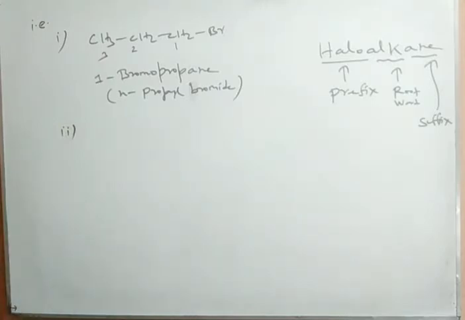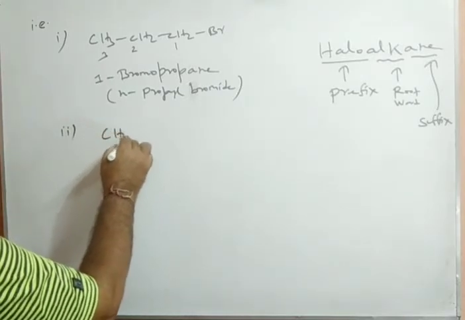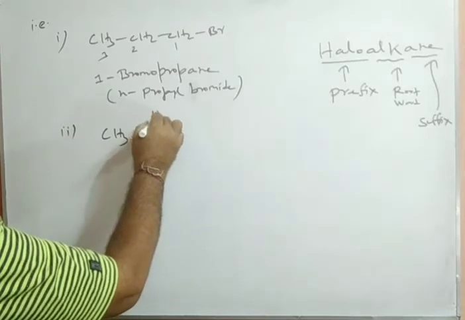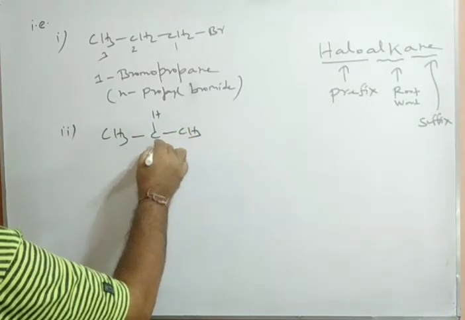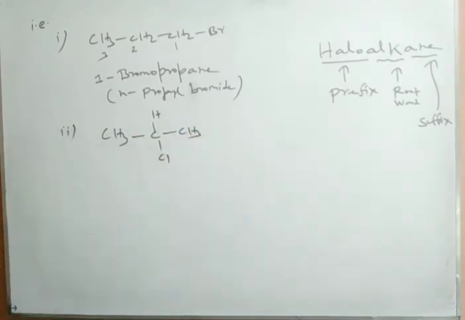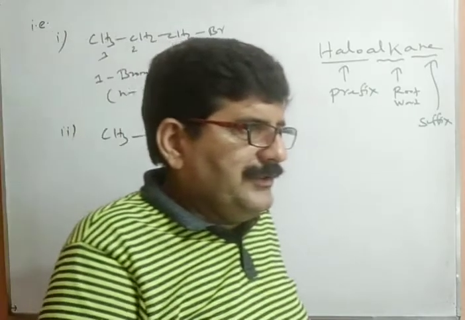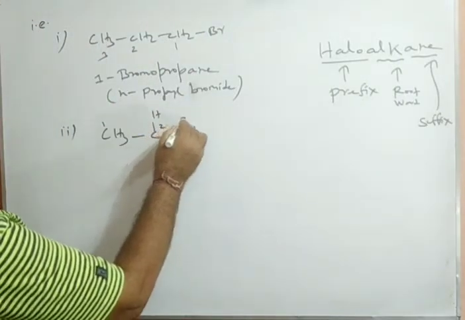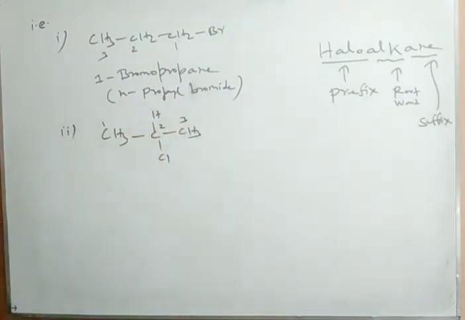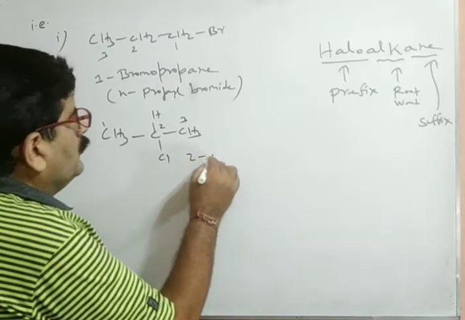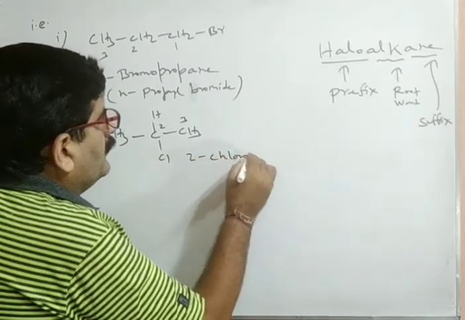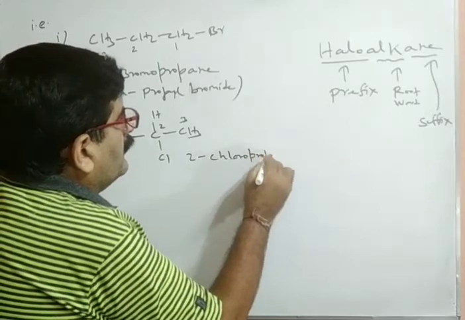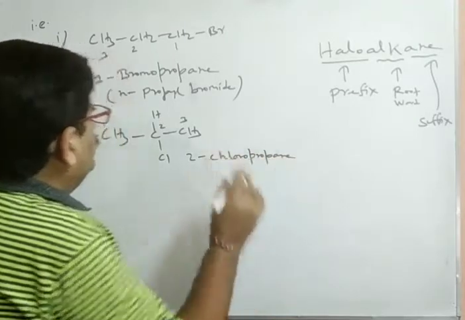Second one, let us consider this pattern of example. The longest carbon chain contains 3 carbon atoms. So here 1, 2, 3. The IUPAC name for this compound becomes 2-chloropropane.